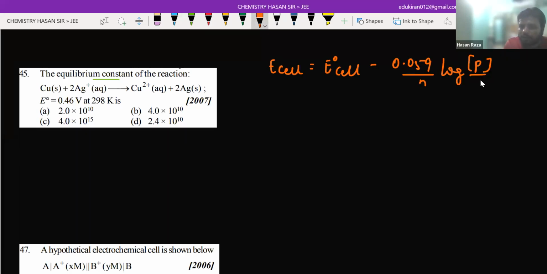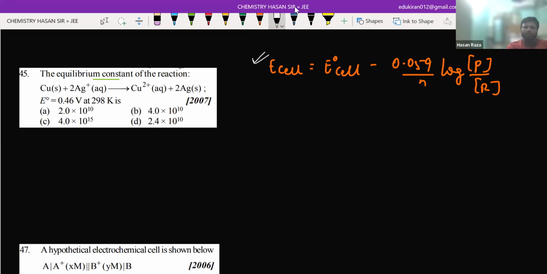Can anyone tell me what is the name of this equation? P by R is the equilibrium constant. What is the name of this formula? Nernst equation.